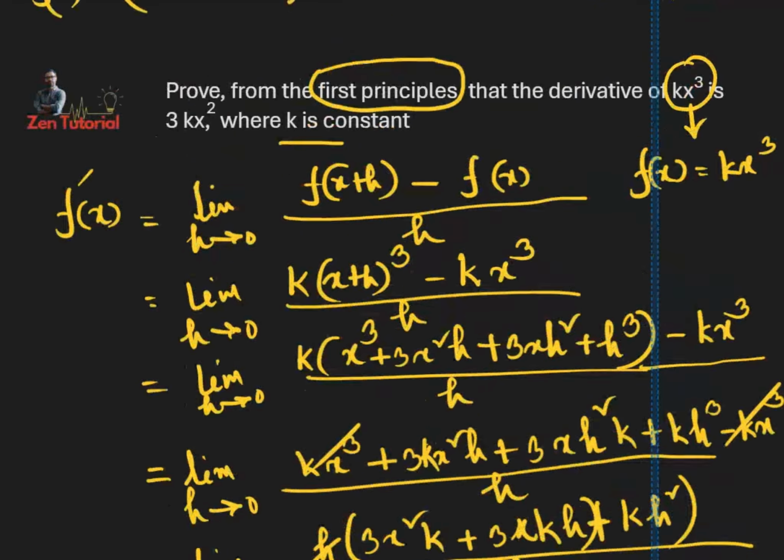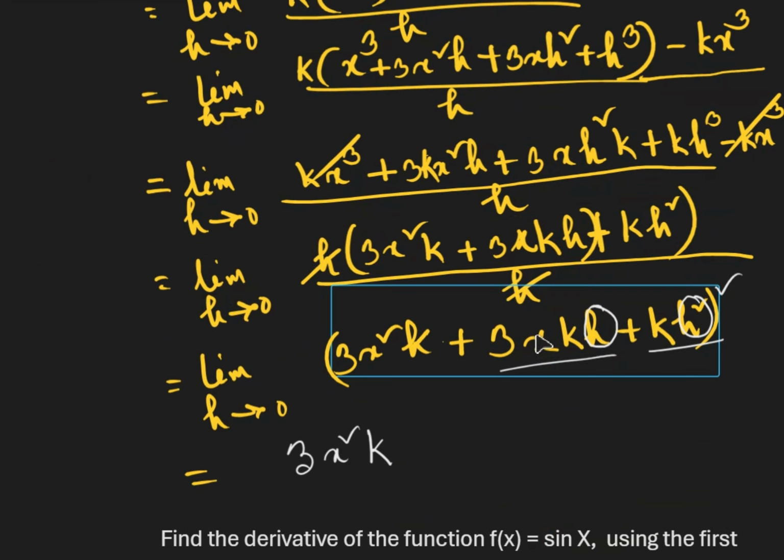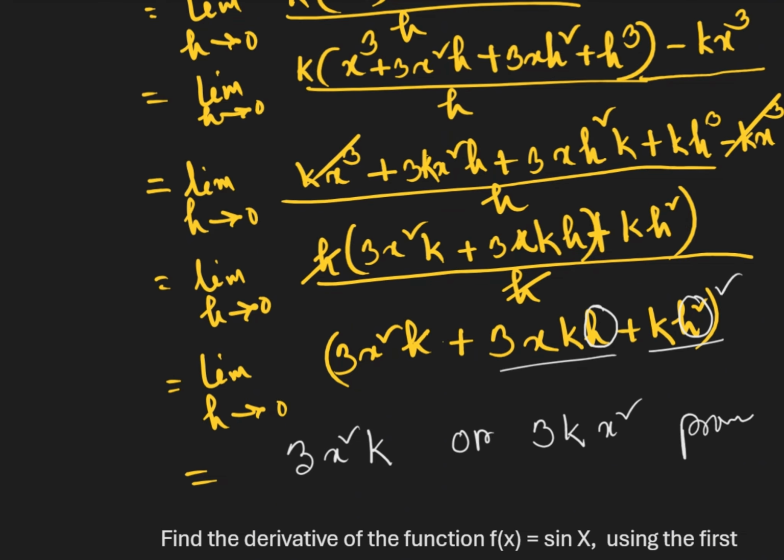Our question was to find the derivative of kx cube, which is 3kx square, by using the first principle. So our result is 3kx square. Proved.